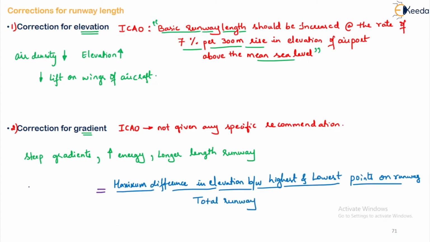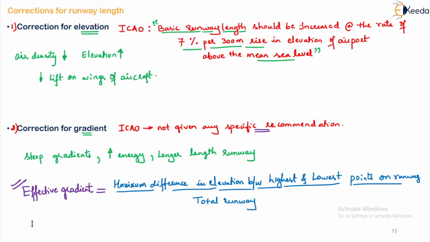This is known as the effective gradient. This is how you calculate it, because there is no specific recommendation given. We take the difference in elevation between the highest and the lowest point on the runway and divide it by the total length of the runway. This gives us the effective gradient.